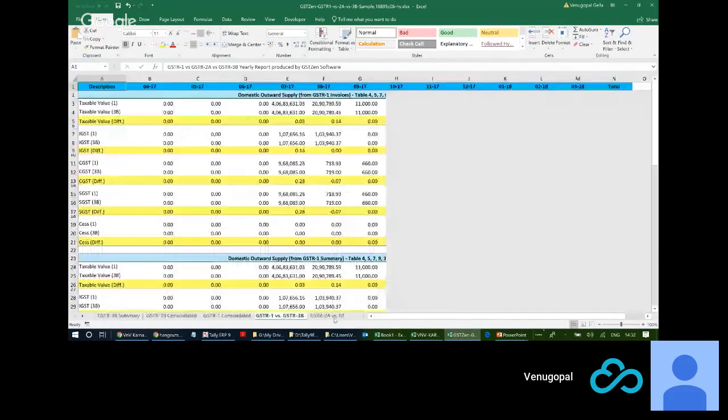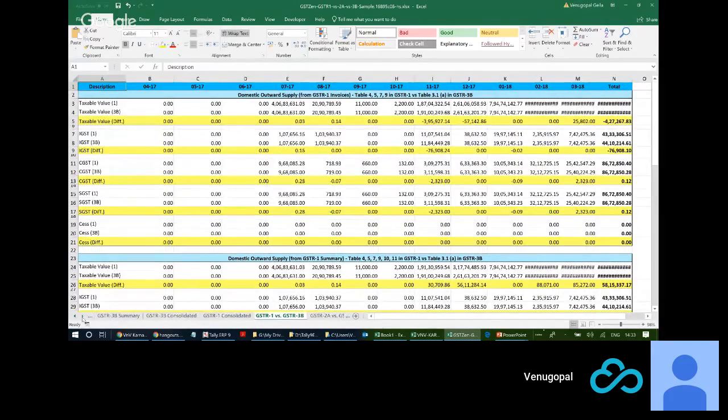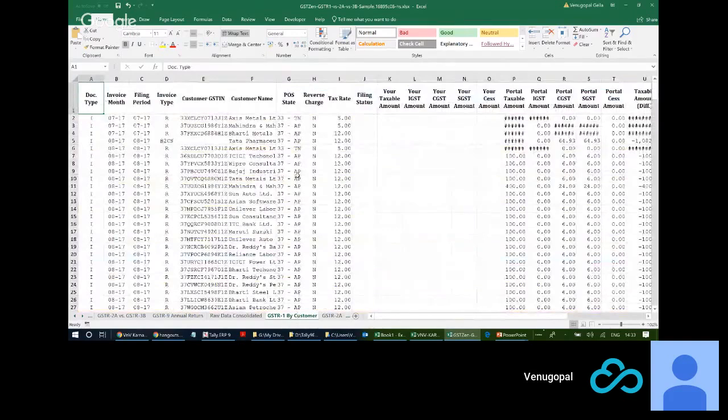You have one more sheet here in GSTR-1, which is GSTR-1 by customer. Whatever data you have filed, including B2C, regular, everything, is available invoice-wise, rate-wise, month-wise.